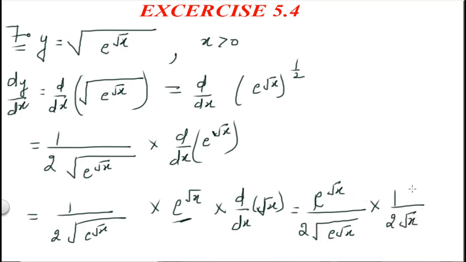So you can just combine the terms and multiply the denominators and write your answer. This is the answer for question number 7. I hope you might have done this also. Most of the students were able to do this. Let us go to the next question.